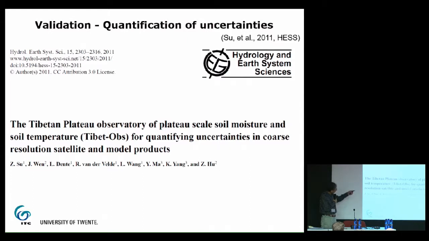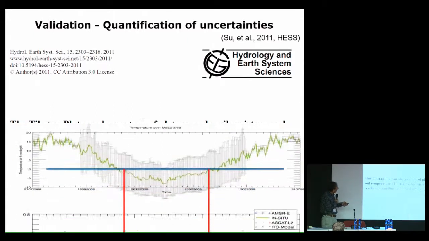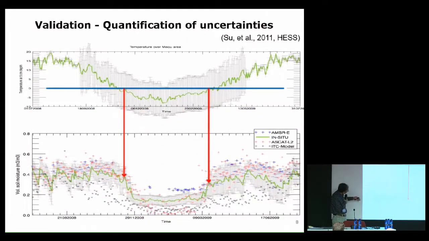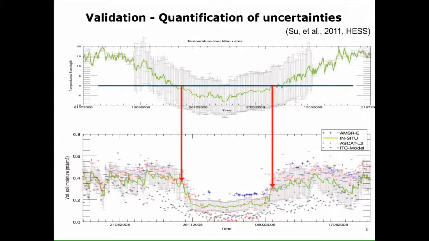It's called Tibet-Obs. The data is publicly available. And what we did was actually to look at the available satellite data at that moment, where we looked at basically the AMSR-E data, the ASCAT data, large scale satellite data, and you see they have all kinds of differences, and particularly in the winter period, where you typically have the largest uncertainty, but then it depends on your application.